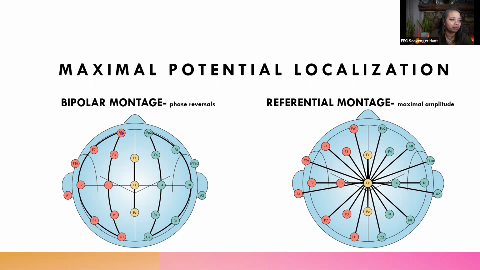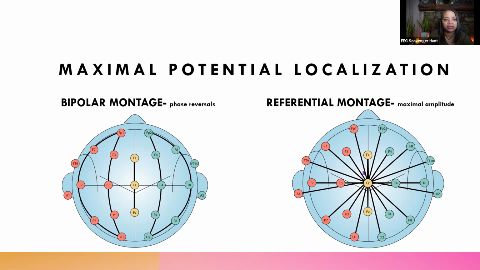If you look at a bipolar montage, with two poles compared to each other, the point of maximum negativity is going to be marked by phase reversal, typically. There are some exceptions. For example, if you're at the end of a chain, you may not have a phase reversal, but in general, you're going to think about phase reversals with a bipolar montage. I have an example of that coming up.